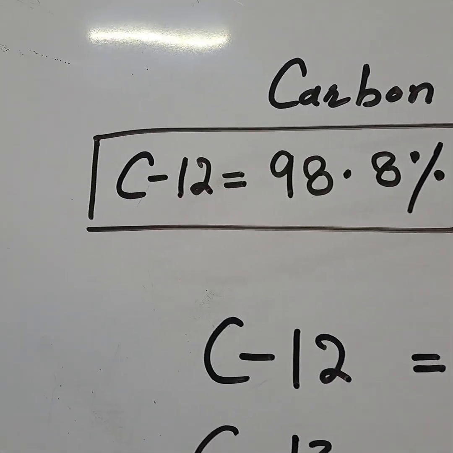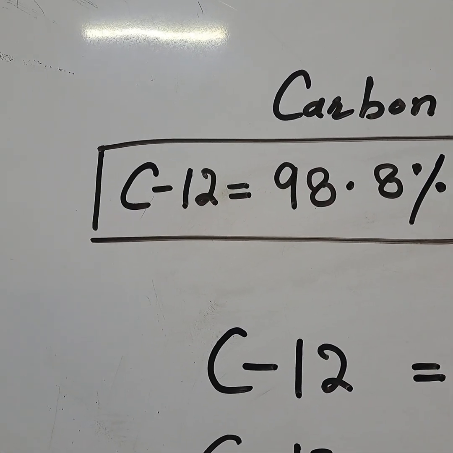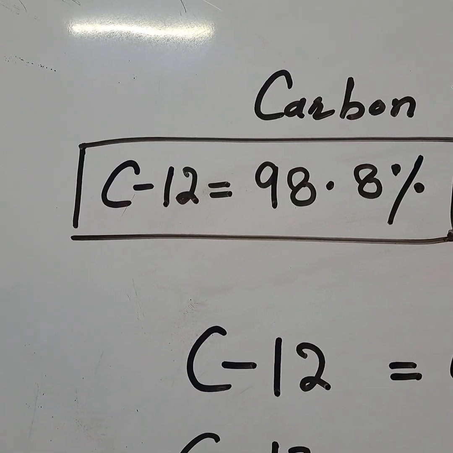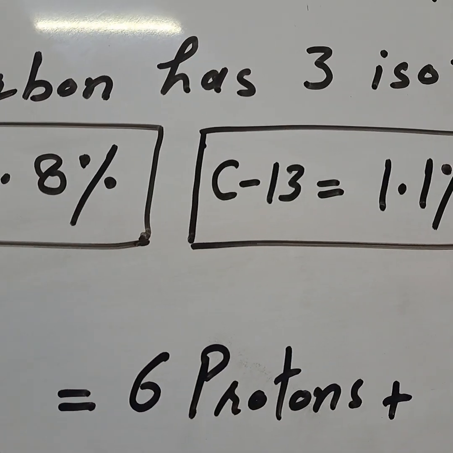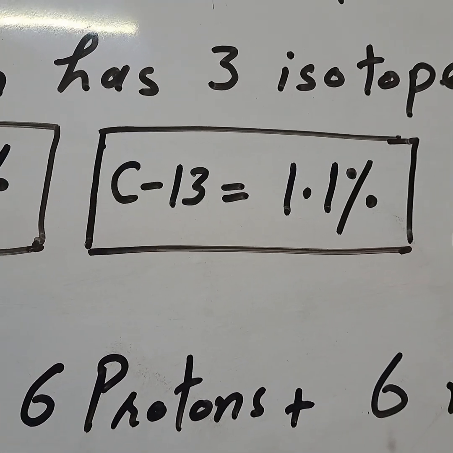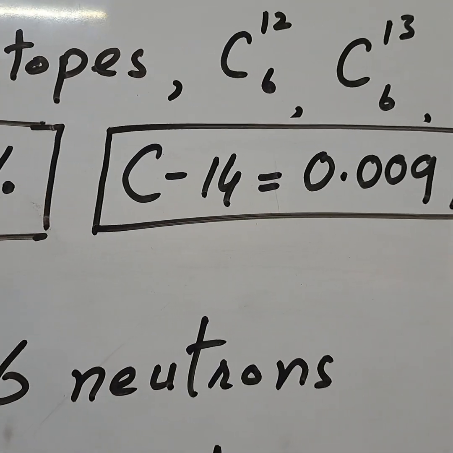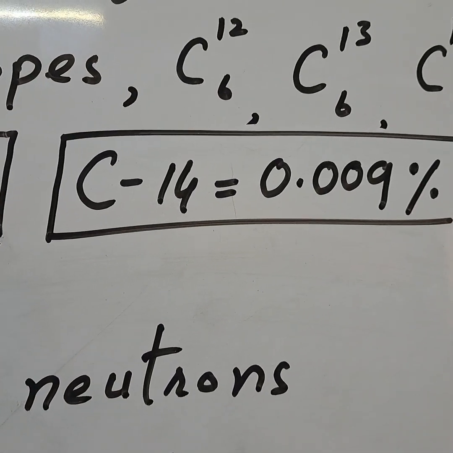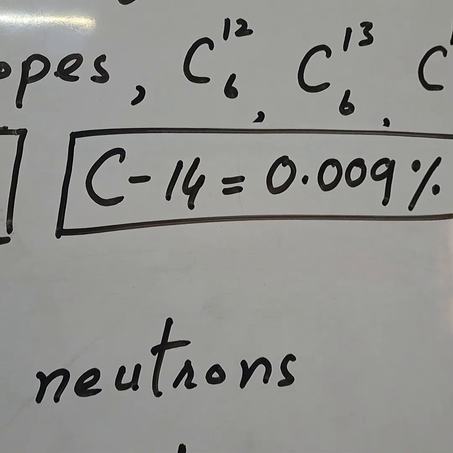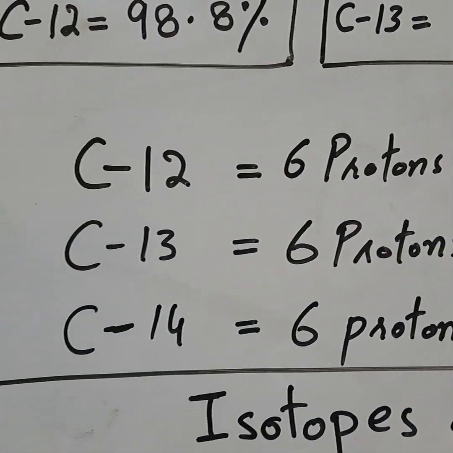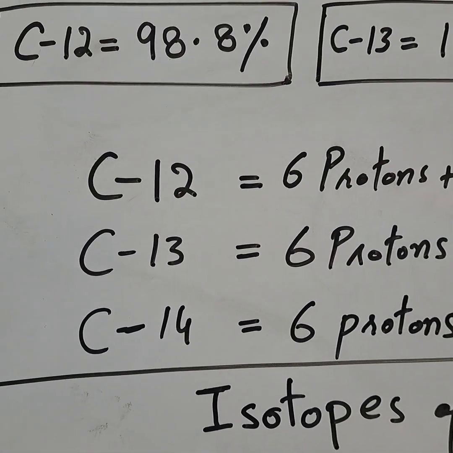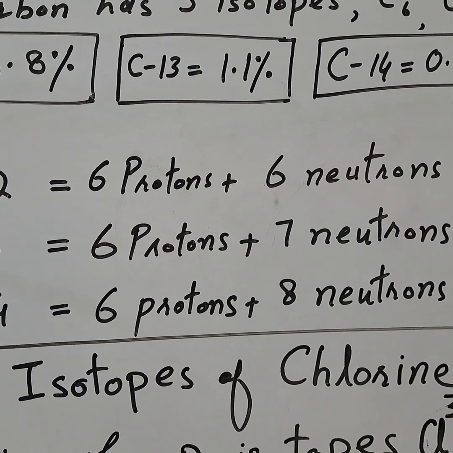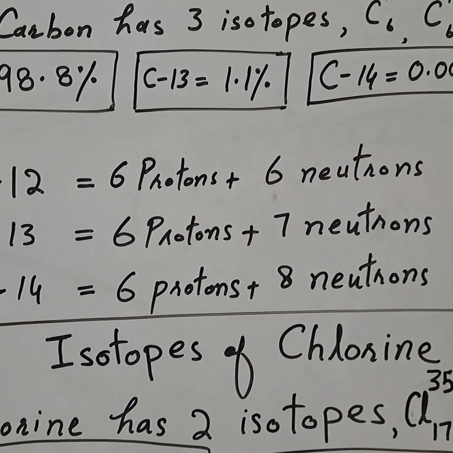When we see the occurrence, carbon 12 is present 98.8%, carbon 13 is present 1.1%, and carbon 14 is present 0.009%. If we look at the carbon 12, it has 6 protons and 6 neutrons.